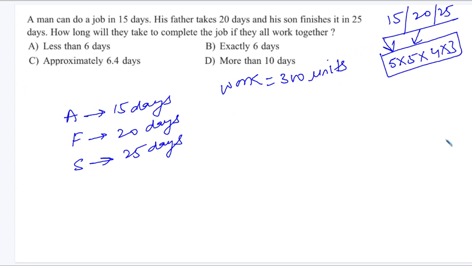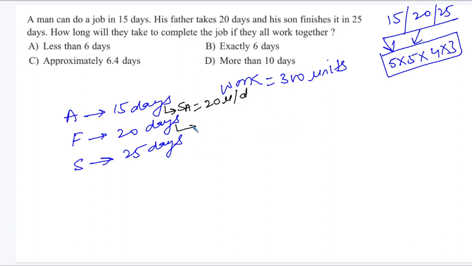That will also work. Okay, if we assume the work as 300 units and I know that A can do a job in 15 days time, what should be the speed of A? 300 divided by 15, so that will come out to be 20 units per day.